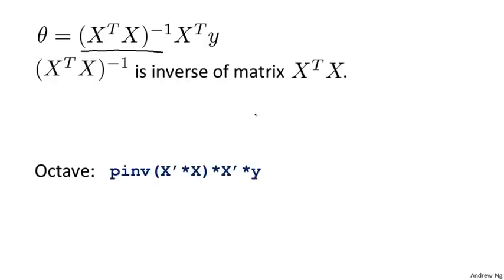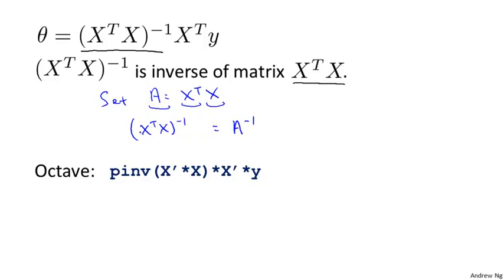Well, it is the inverse of the matrix X transpose X. Concretely, if you were to set A to be equal to X transpose times X, so X transpose is a matrix, and X transpose times X gives you another matrix, which we'll call A, then X transpose X inverse is just taking this matrix A and inverting it. It's equal to A inverse, and that's how you compute this thing. You compute X transpose X, and then you compute this inverse.